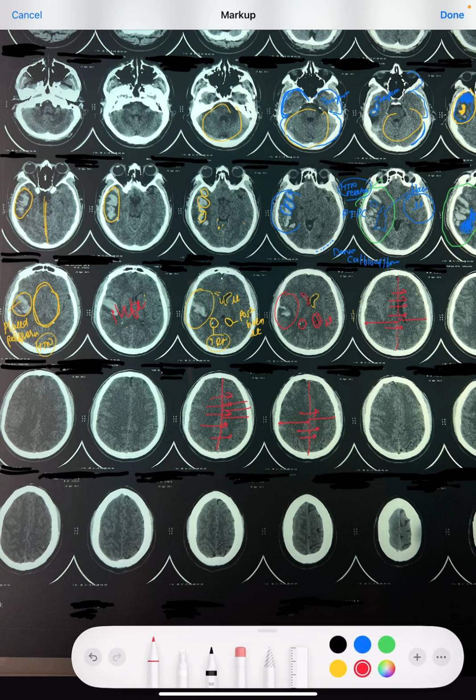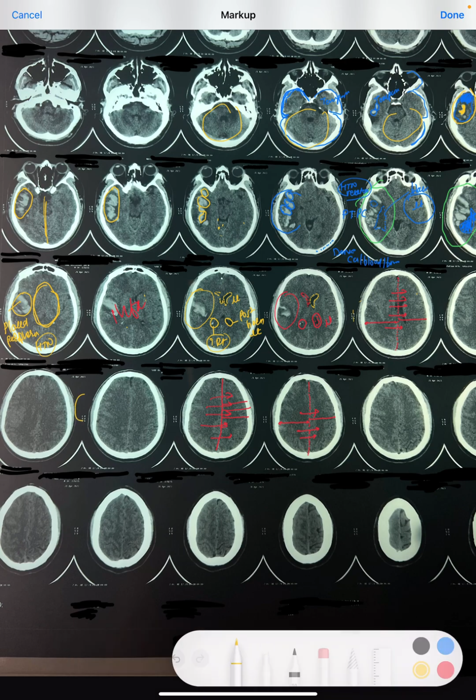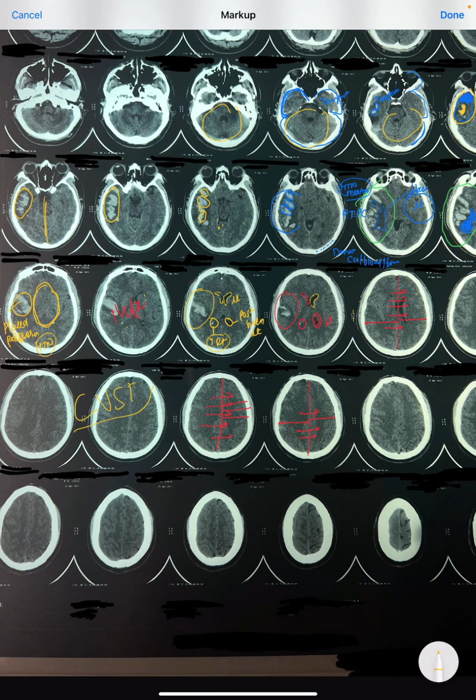This is a very typical example of cortical venous sinus thrombosis. This patient had a right-sided transverse sinus thrombosis. This patient had right-sided sigmoid sinus thrombosis and also had internal jugular vein thrombosis.